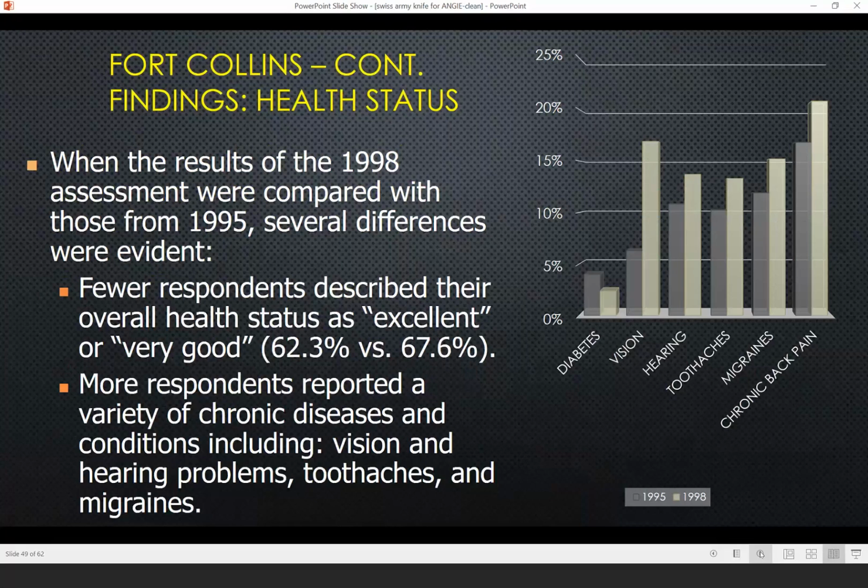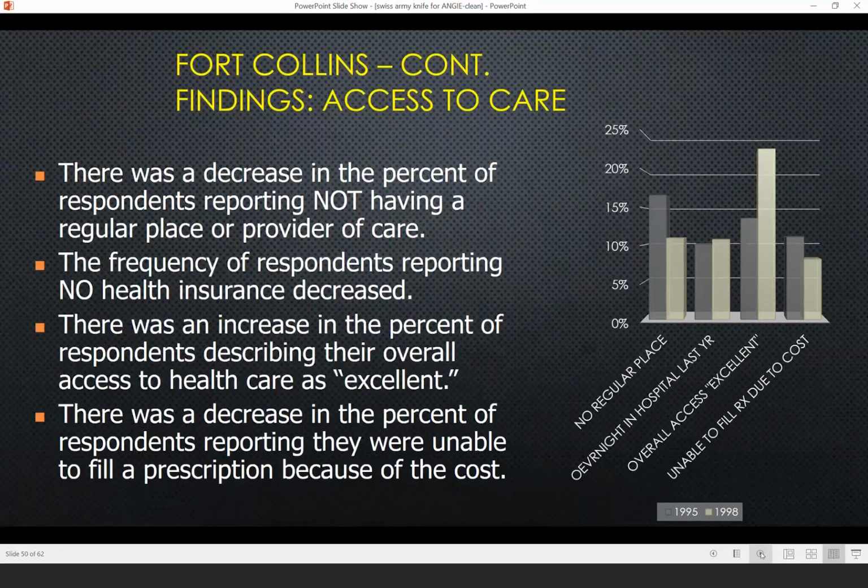So people's health status overall was getting poorer, and a variety of chronic diseases, vision and hearing problems, toothaches, migraines, diabetes, etc., were actually going up. There were more of them in 1998 than there were in 1995. And they're freaking out. What are we doing wrong? Things are getting worse in this community. So we had a conversation with them about what might be happening in this environment.